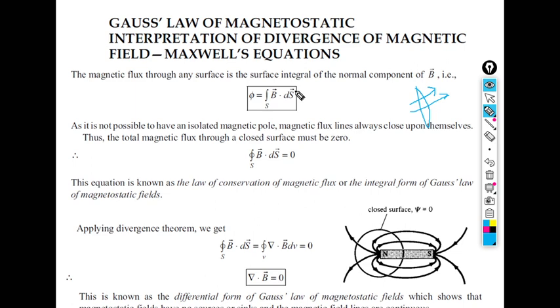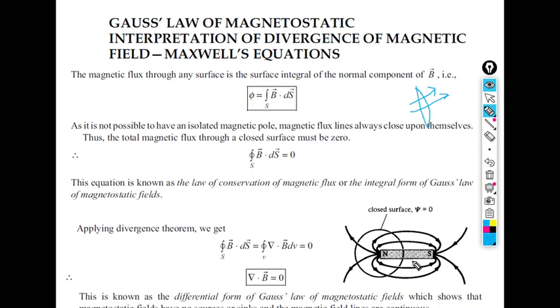This is the definition for an open surface, but if I take a closed surface, that means a closed path, then consider the total magnetic flux through a closed surface. The flux is entering here, leaving here, and entering here, so this is a closed surface.